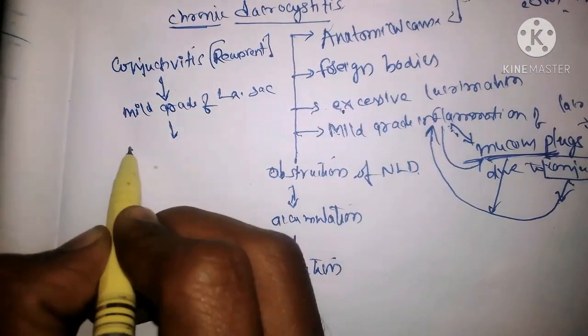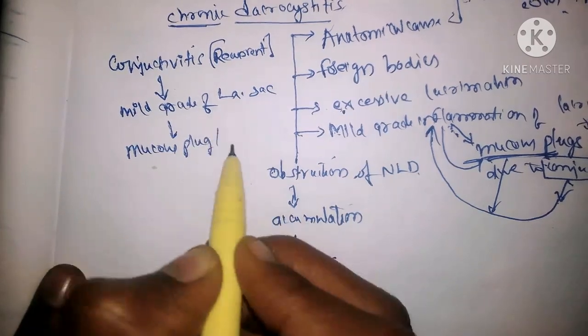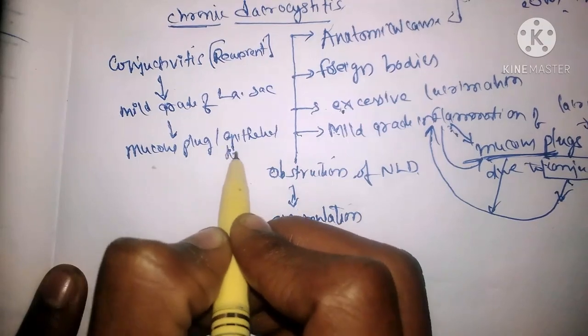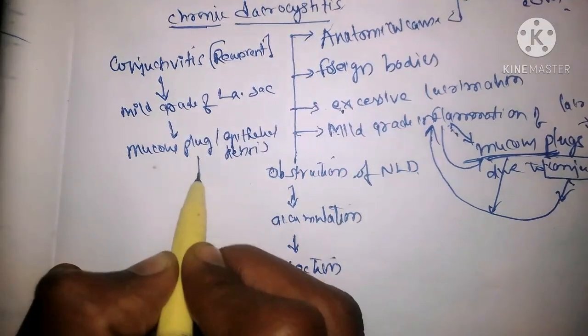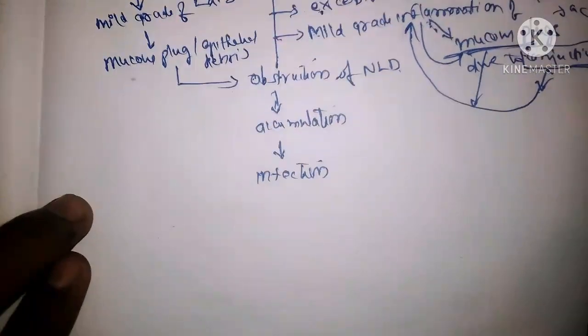This results in production of mucus plugs or epithelial plugs, epithelial debris we can say. This debris will obstruct the nasolacrimal duct. Clear?